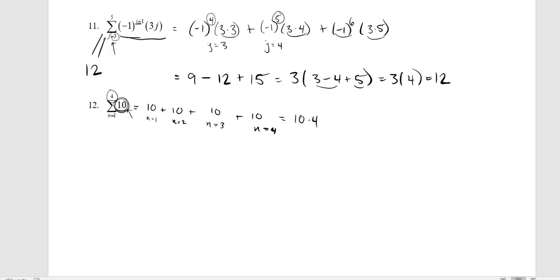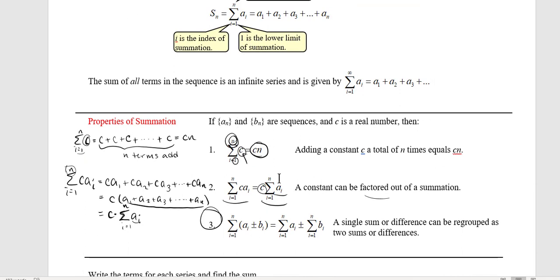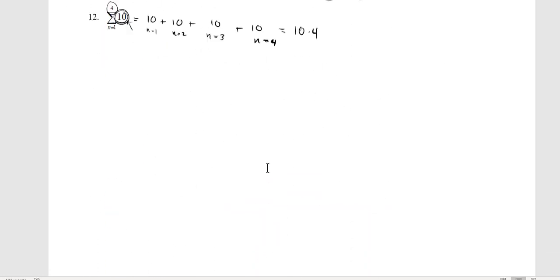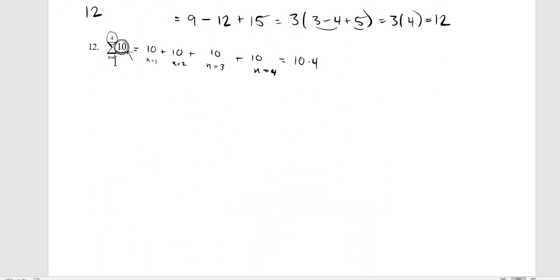This is what our property above, the sum of a constant, is describing, once we clean it up, since it's all cluttered here. From a starting point to an ending point, adding up a constant just gives us that constant times how many terms there were. In this case, 4 terms: 1, 2, 3, and 4. So we get 40.